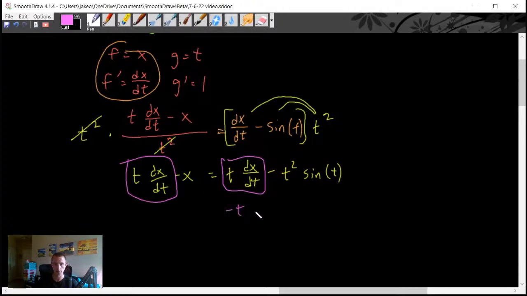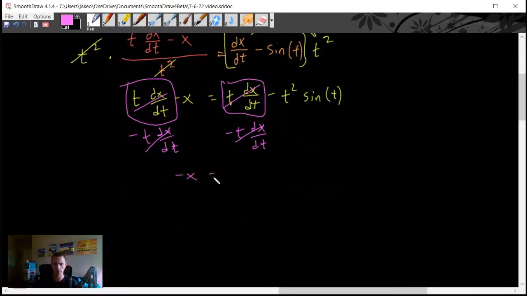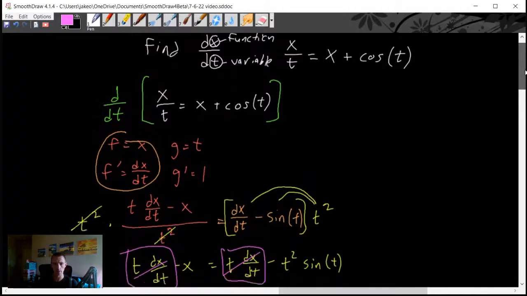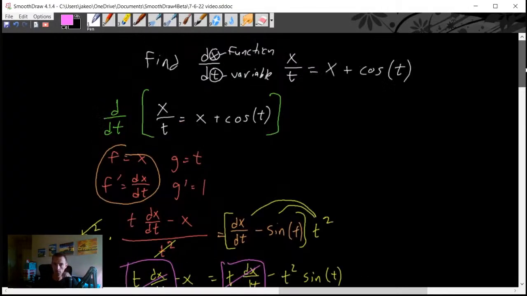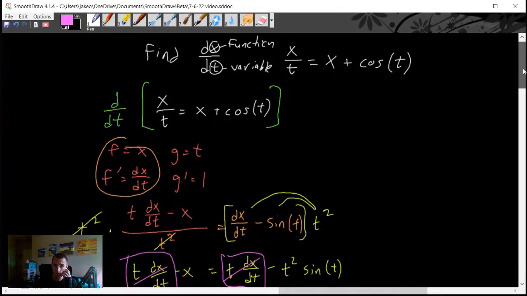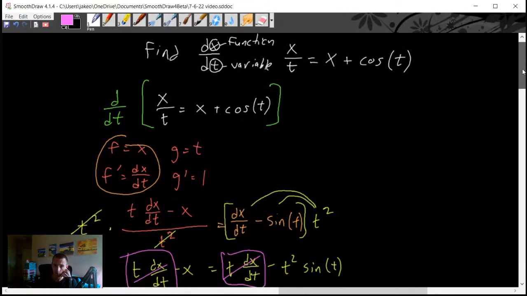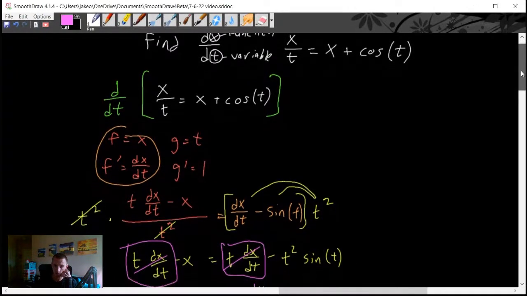So we would subtract t squared dx dt in order to move it over to the left side of the equation. But you see what that's going to do here is cancel that out fully from both sides. And it's going to leave us with minus x equals minus t squared times sine of t, which we would not really expect. So this is a very odd problem, if I didn't make any mistakes, which I'm wondering if I may have done.